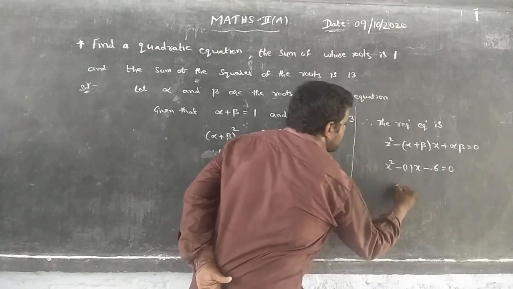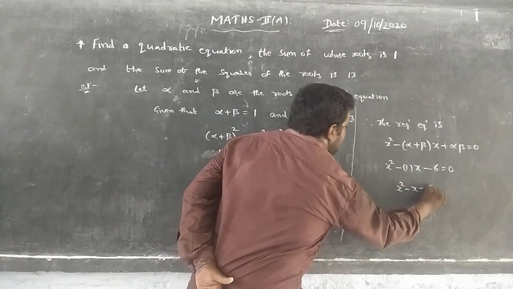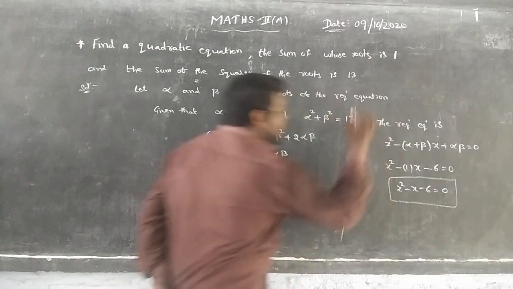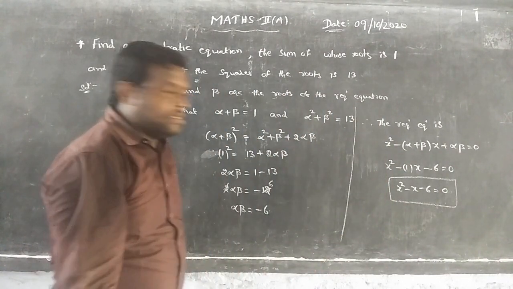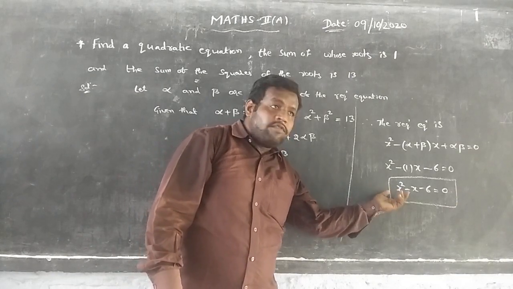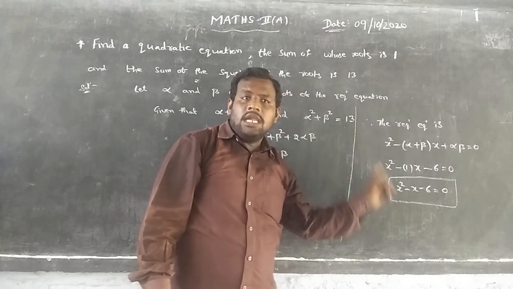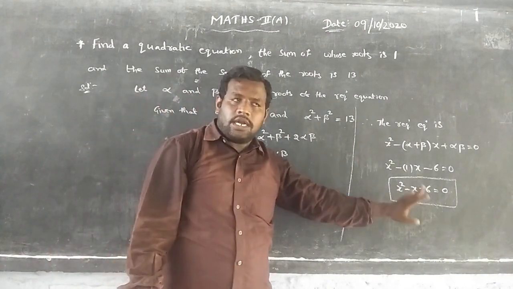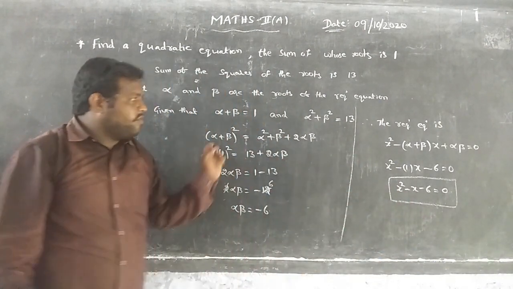So x square minus x minus 6 is equal to 0. This is the quadratic equation. The sum of the roots of this equation is 1 and the sum of the squares of the roots is 13. Okay, everyone note this one.